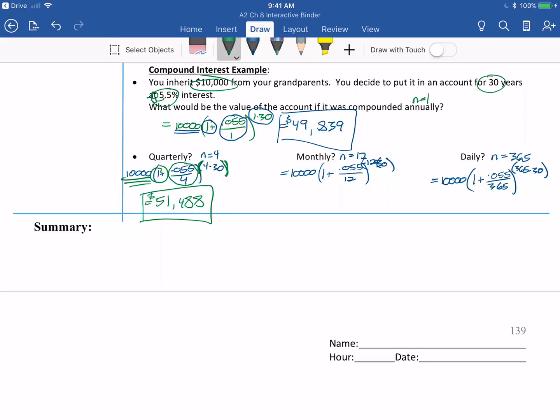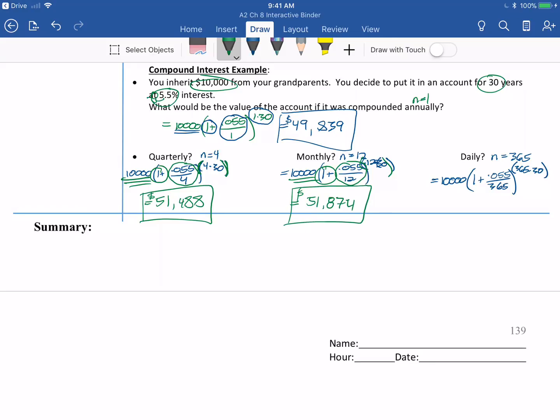All right. The next one, now you put that 0.055, you divide by 12, you add the 1, and then you raise it to the 12 times 30, which is going to be a big number. Then you multiply whatever that is times 10,000, and you should get $51,874.